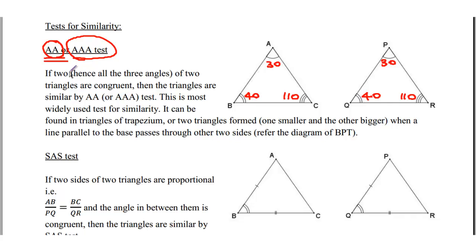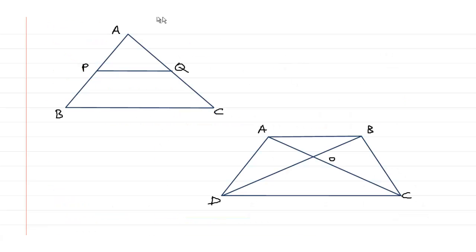Now, this AA test or AAA test can be used in many places. For example, in case of a trapezium, the AA test is widely used. Let's see how. See over here, we have a trapezium ABCD, and AB is parallel to CD.